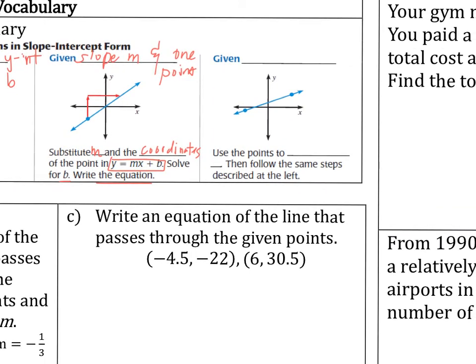When you're given 2 points, you use the points to find the slope m and then follow the same steps described at the left.